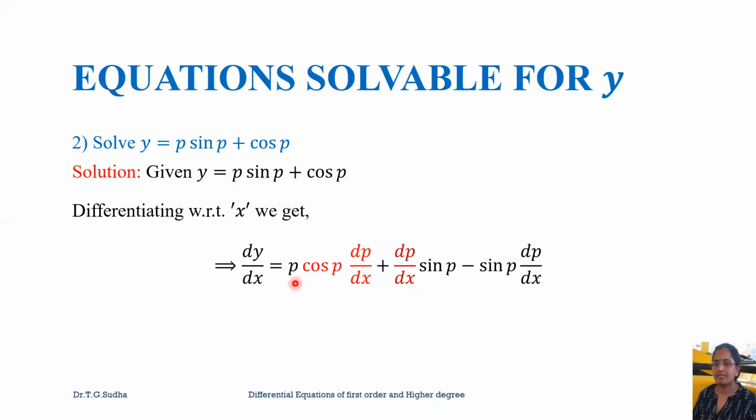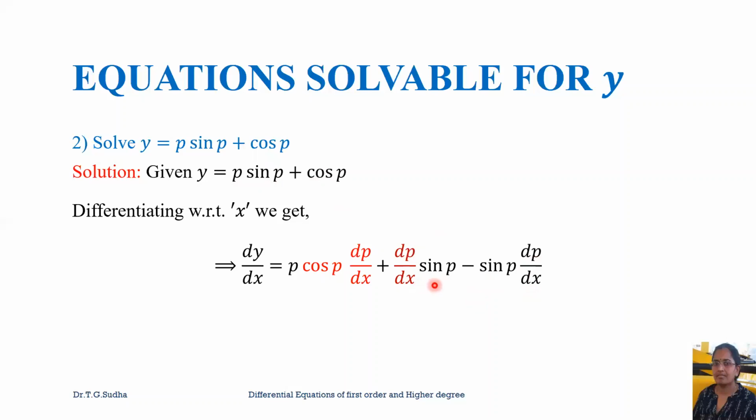Keep p as it is, differentiate sine p, that gives us cos p into dp by dx, plus sine p is kept as it is and we differentiate p, so we get dp by dx into sine p. Then we have plus cos p, let us differentiate cos p, so we get minus sine p into dp by dx.